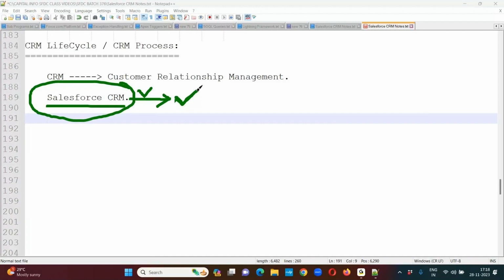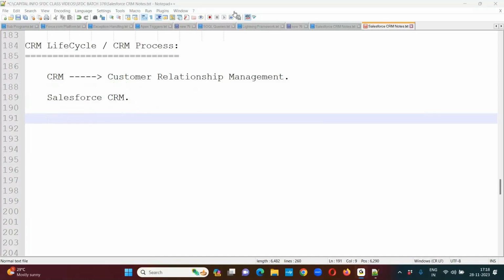But if you want to interact with the Salesforce CRM application, if you want to talk to it, we should be aware of some terminology, some words which we can use to communicate with the CRM application. Because in the real world, we have so many languages. For example, assume that we are all assembled here to discuss Salesforce CRM.